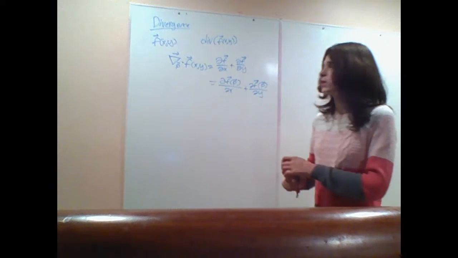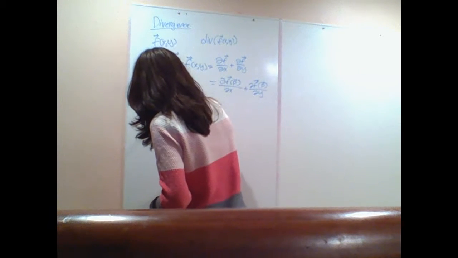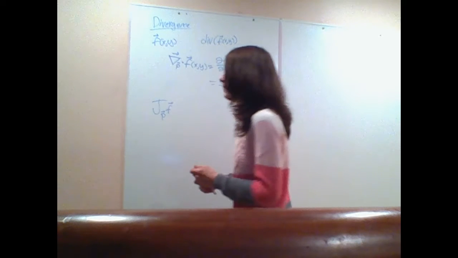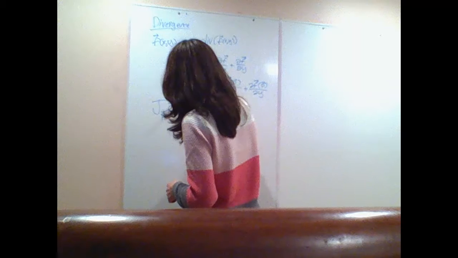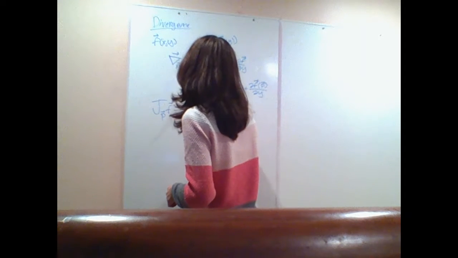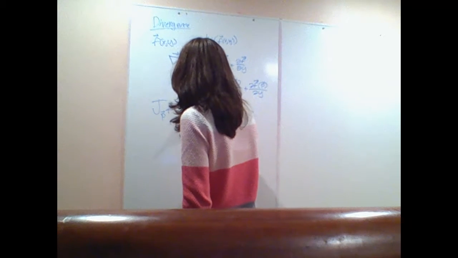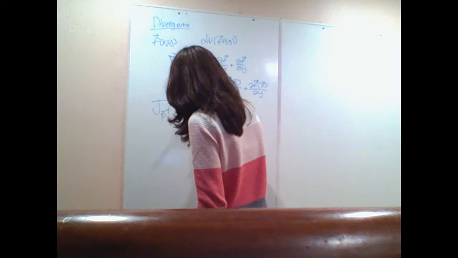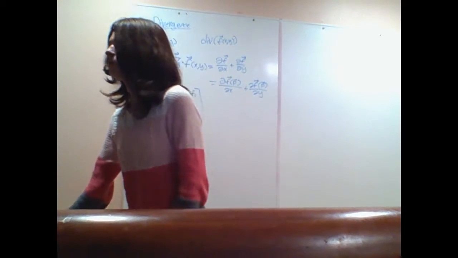And likewise, we can say the Jacobian of f evaluated at p follows the same pattern. That's equal to the gradient evaluated at p of f sub 1 all the way down to the gradient evaluated at p of f sub n. So that's just something I forgot to mention.